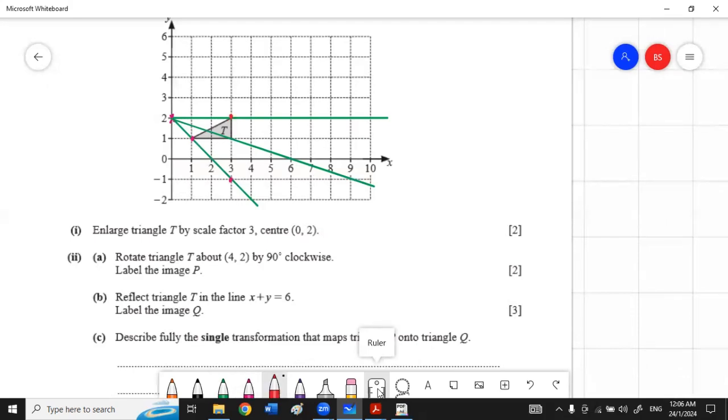This point will be 1, 2, 3 here. This point, 1, 2, 3 here. So your line, your image should be here.